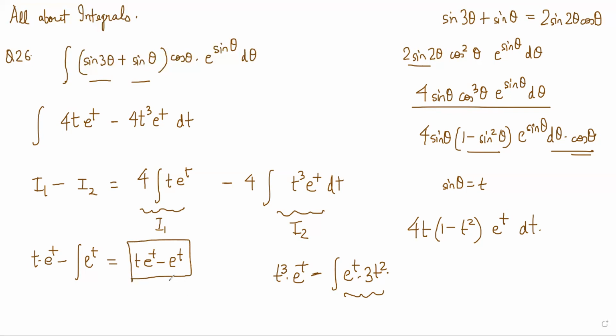So after this point, it is just a lot of simplification. You can do that yourself. The idea here was simply using the right trigonometric formula and putting the substitution sine theta is equal to t, right? Let's move on.